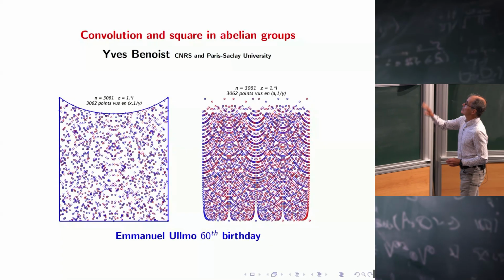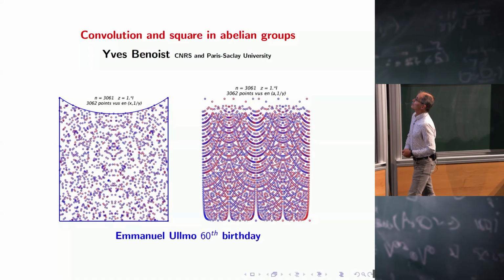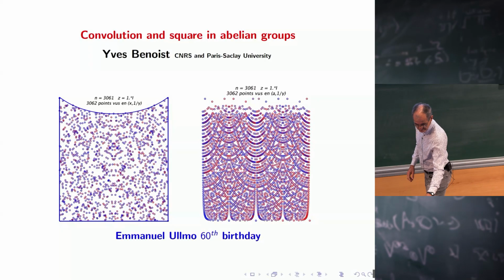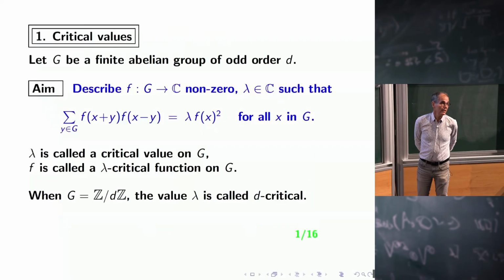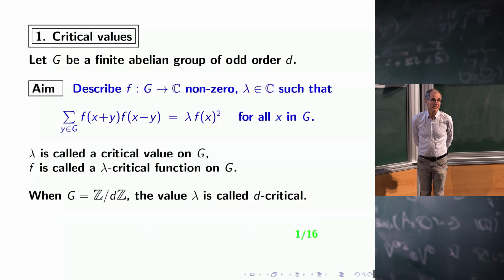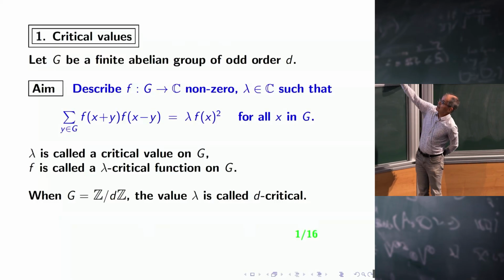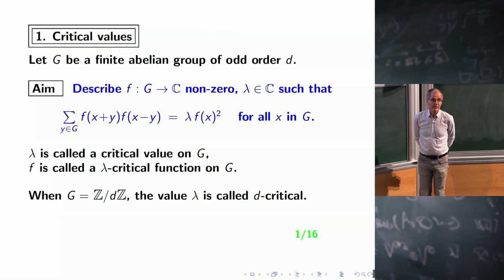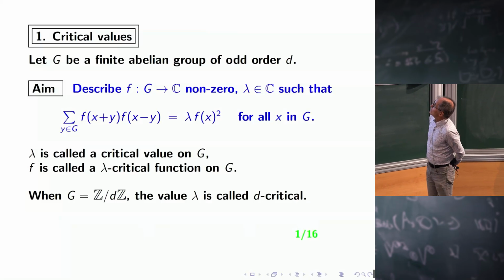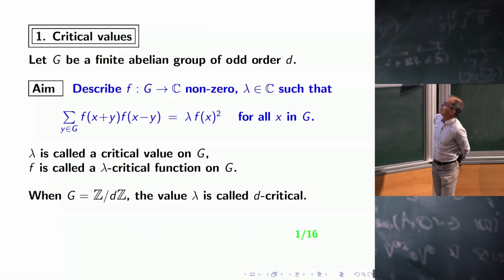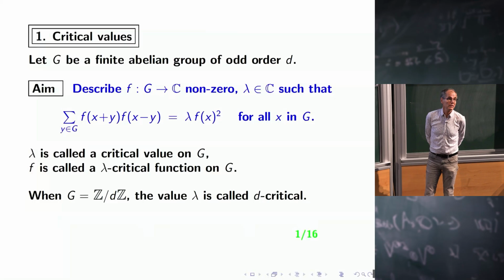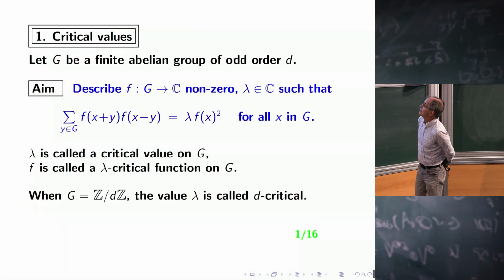So the topic is convolution and squares in Abelian groups. It's a completely elementary topic. The topic is explained there in this blue line. You just deal with a finite Abelian group, and I make an assumption on this finite Abelian group, that its order is odd.